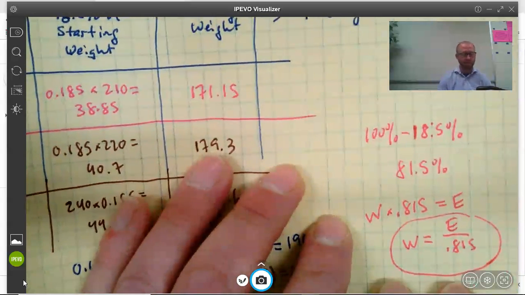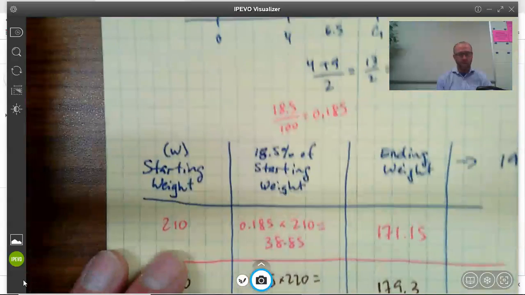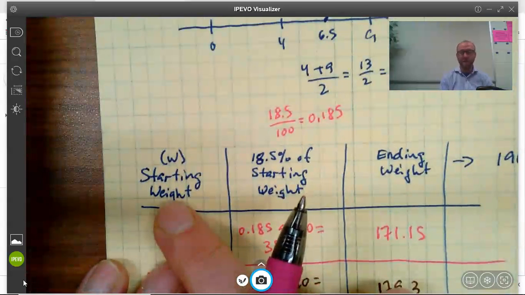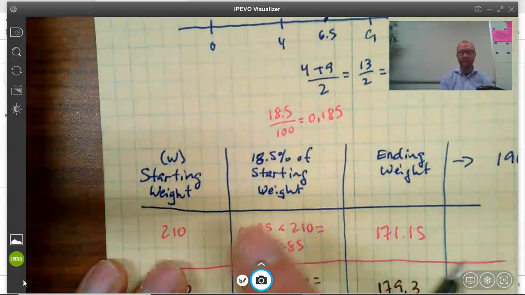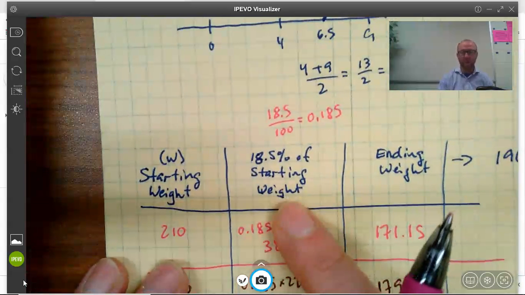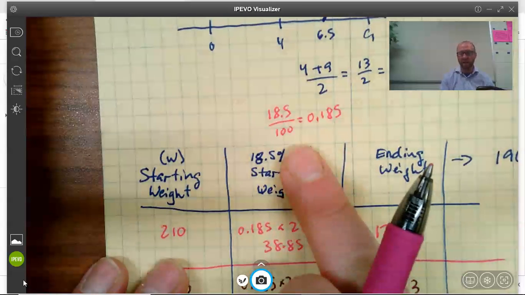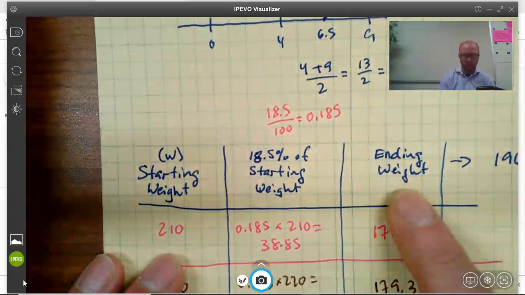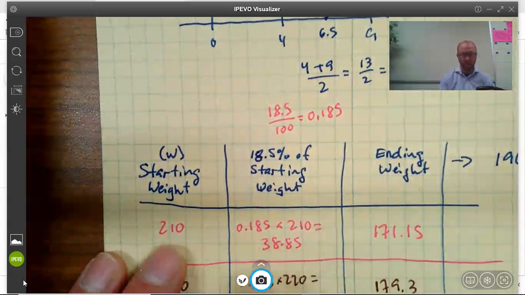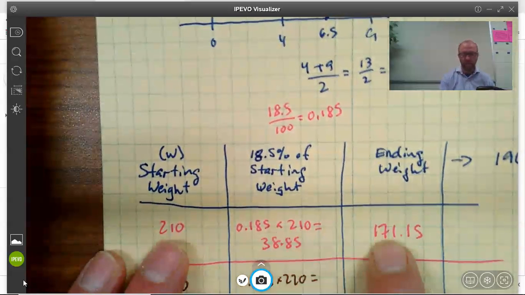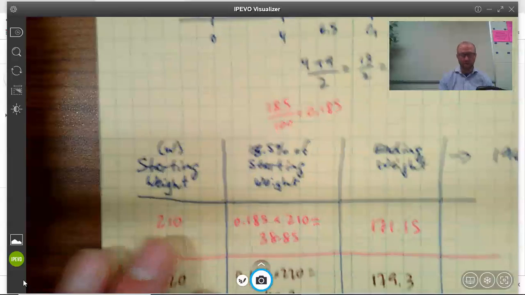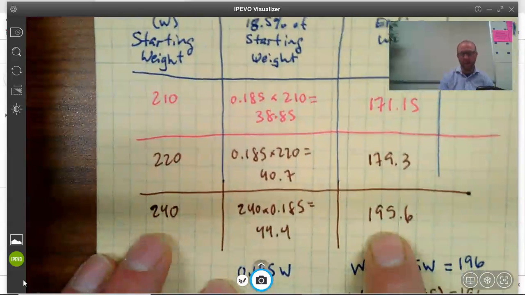So again, we took our problem and made a guess and check table out of it. Here's my starting weight. Here's the part I'm going to lose, 18.5%, which is the same as 0.185 or 18.5 over 100. Here's my ending weight. I guessed what I start with, what I lose, and what I end with, and kept working until we got close.